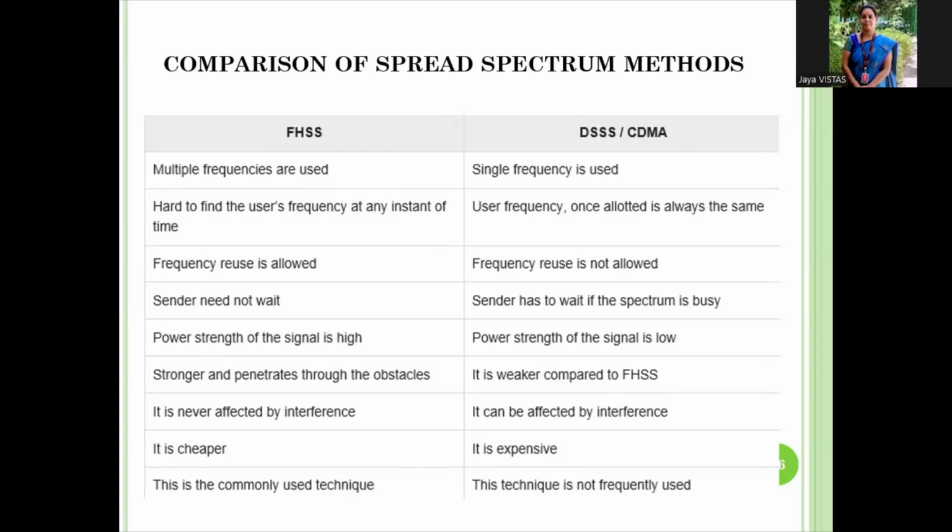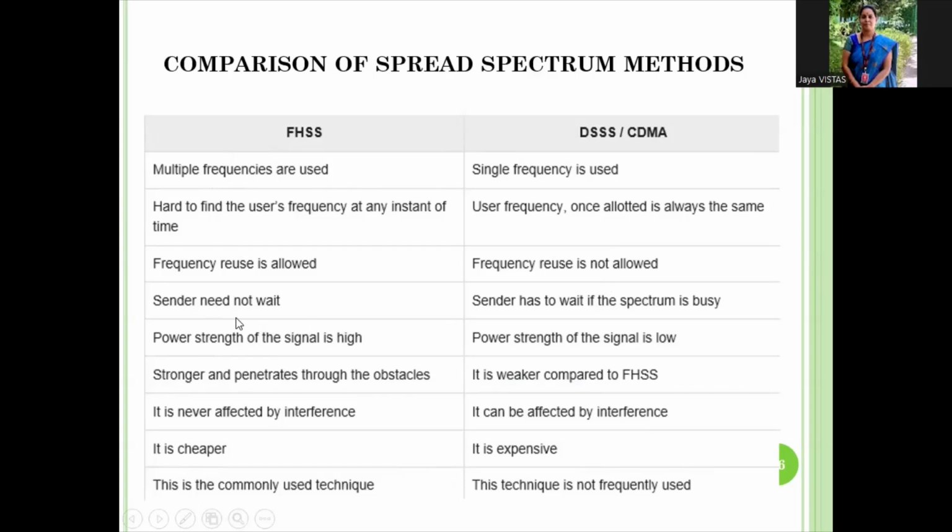Only a single frequency is used in DSSS. In FHSS, it is hard to find the user frequency at any instant of time. In DSSS, the user frequency, once allotted, is always the same. Frequency reuse is allowed in FHSS and not allowed in DSSS.